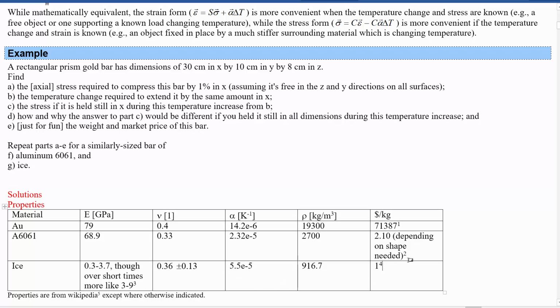We also have market price looked up at different spots. So this is based on a bag of ice from Walmart. This one for aluminum is based on one particular value for a block of aluminum 6061 that I found on Alibaba. And this one for gold is at the time of looking it up in February 2020.